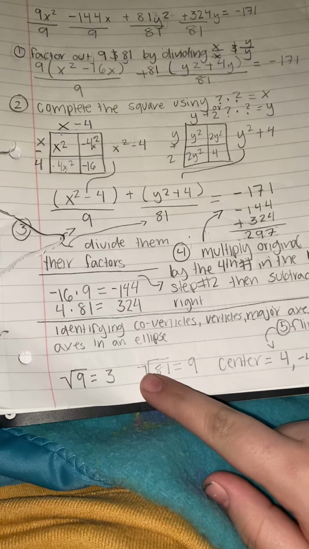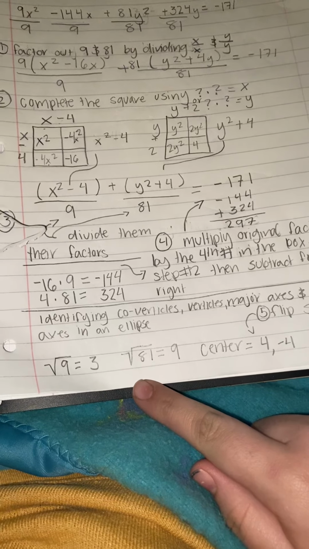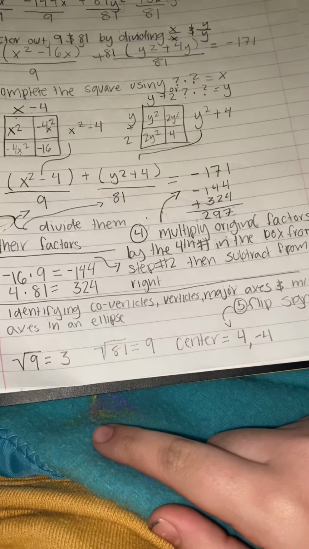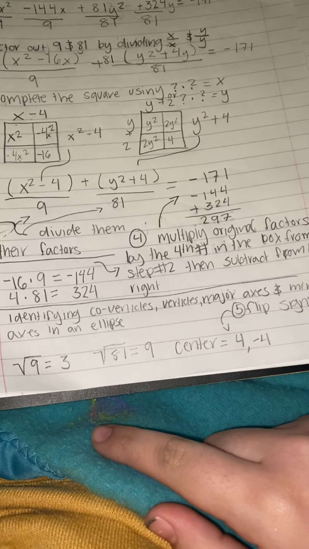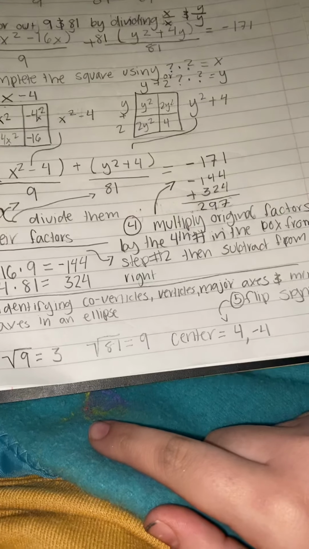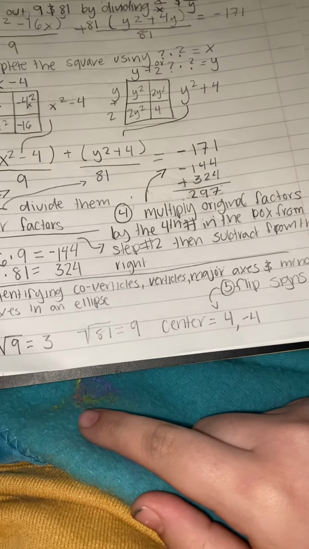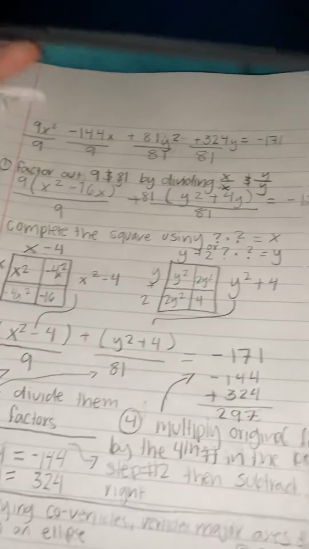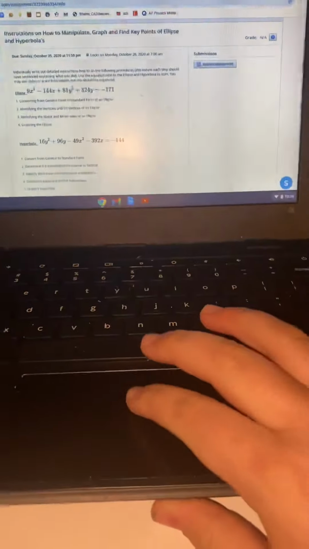After that, I have to identify the vertices and co-vertices, and then identify the major and minor axes of the ellipse. I wanted to show you guys this picture that I have to explain it better.